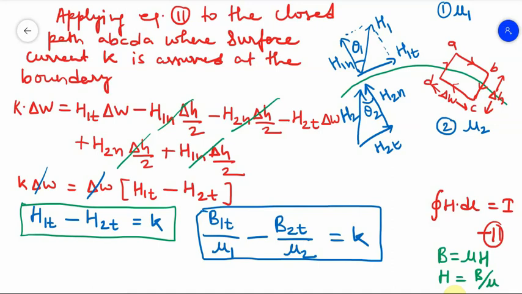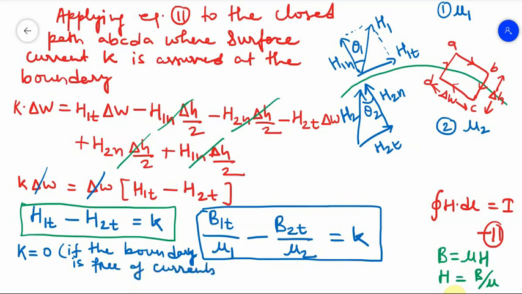But if the boundary is free of currents, then K equals 0. Then what will happen? H1T equals H2T.